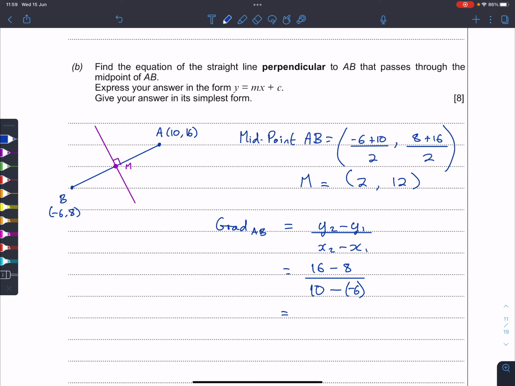Use the calculator if you want: 16 minus 8 over 10 minus negative 6 is going to be a half.